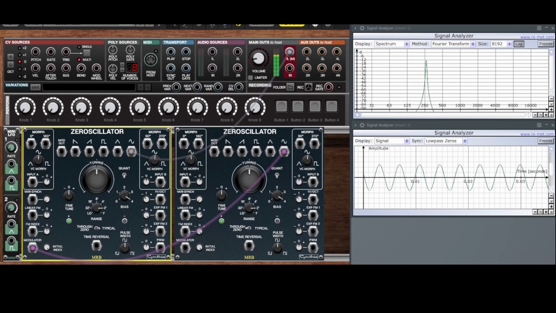You see, if the attenuverter, which is attached to the FM index jack, is set to 0, even the initial index POTI doesn't help getting some modulation.